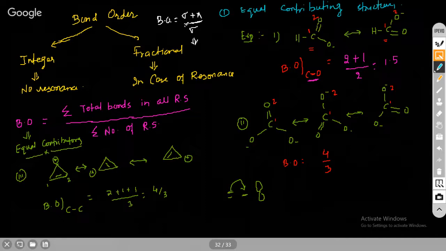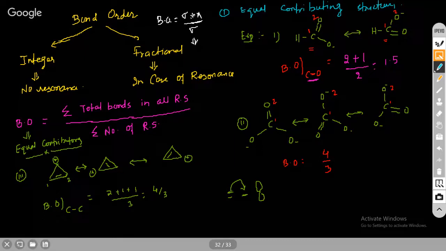Only one thing you take care of here, that sigma and pi are the number of sigma and pi bonds present between the atoms which take part in resonance. Like I said, this sigma bond you don't consider because it is not taking part in resonance. We only consider the sigma bond present here and the pi bond present here.